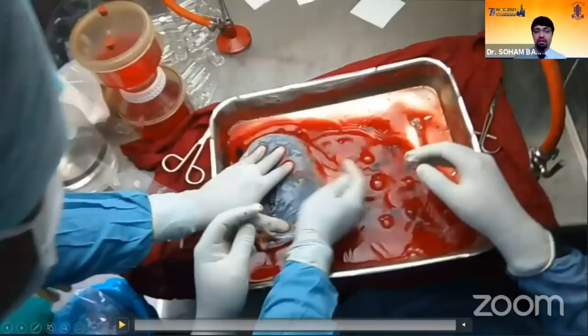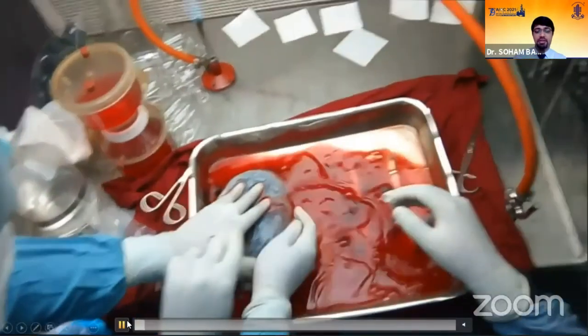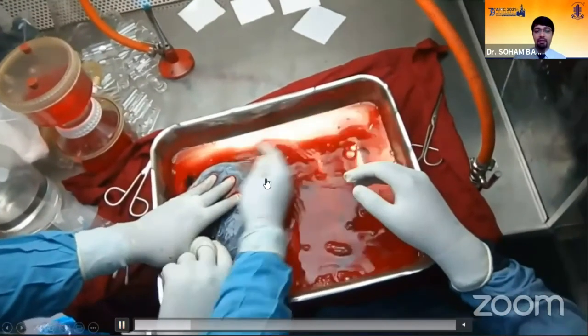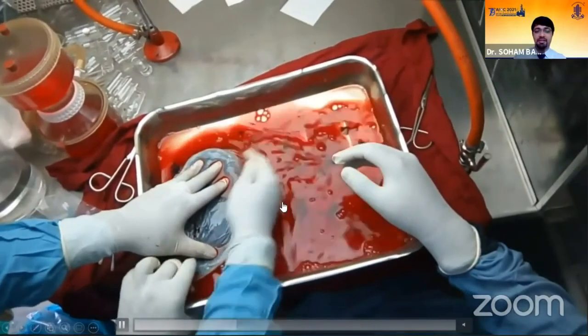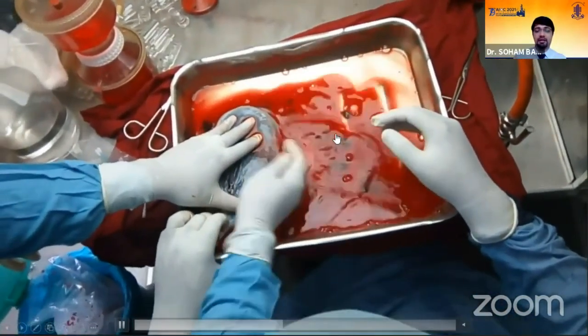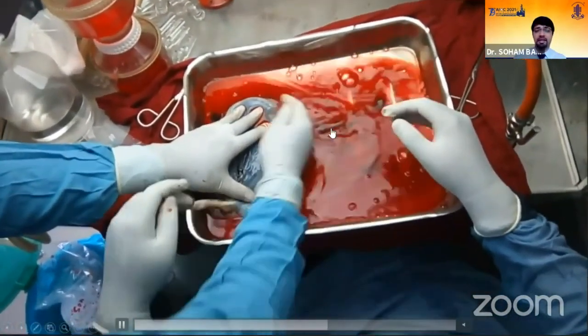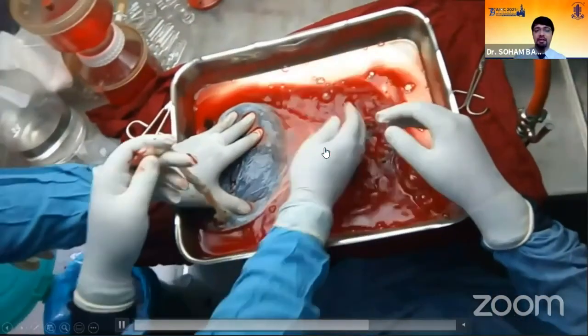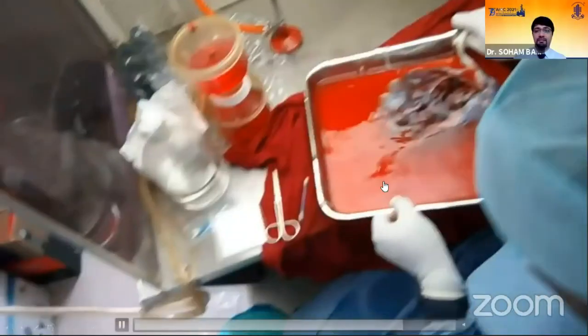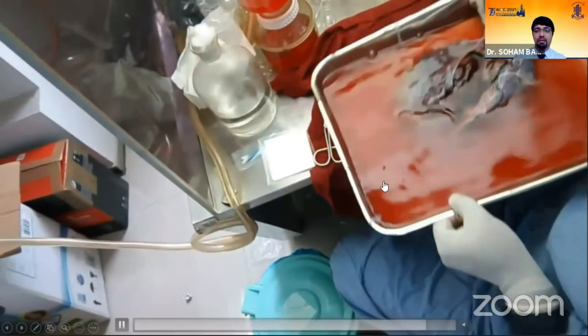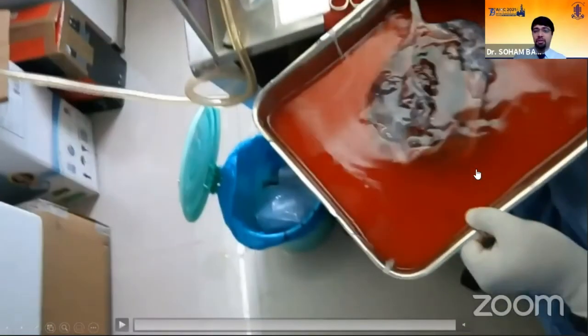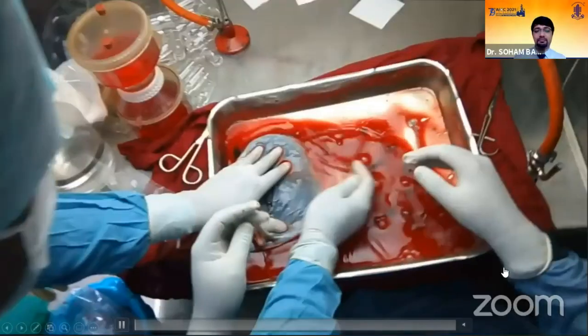Next comes washing of the placenta. Initially we just wash off all the blood and the clot that is clinging onto the surface. This is done with normal saline, which is mixed with the antibiotics penicillin, streptomycin, and amphotericin B. And this process may be repeated twice or thrice till all the blood clot has been thoroughly cleansed.